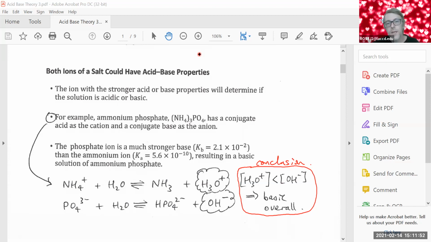Therefore, although both ions produce hydronium and hydroxide respectively, because Kb is larger than Ka, we expect a greater concentration of hydroxide. So the concentration of hydroxide is greater than the concentration of hydronium. So overall, we have a basic solution for this salt. So here, both anion and cation contribute to the pH, but the anion has the greater contribution.